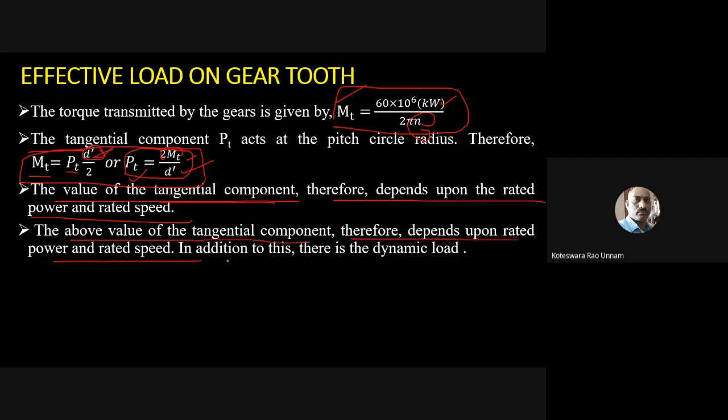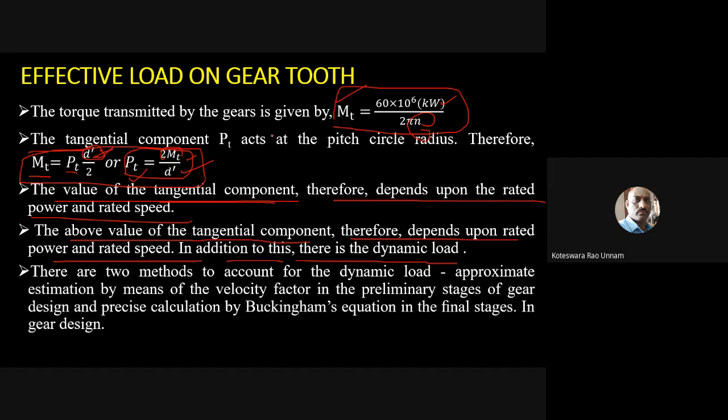In addition to that, there is a dynamic load. Like I said, you can estimate the dynamic load by two methods. One is the approximate estimation by means of velocity factor in the preliminary stages of the gear design, and the other is precise calculation by Buckingham's equation in the final stages.